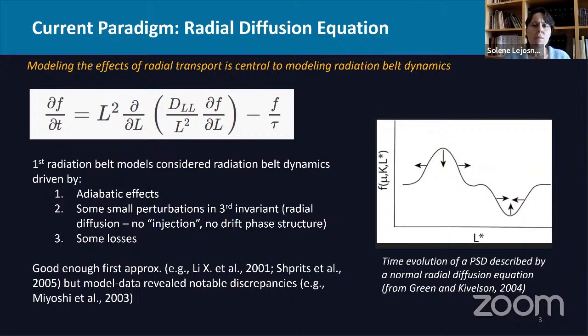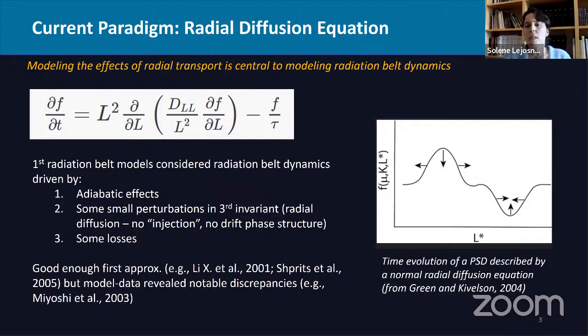And with this simple equation, there was a good first approximation. There were some works at the beginning of 2000 that showed that it did a decent job at modeling the dynamics of the radiation belts. And one of the limitations of this equation is the fact that the radial diffusion equation is going to behave so as to always smooth the radial gradient in phase space density.